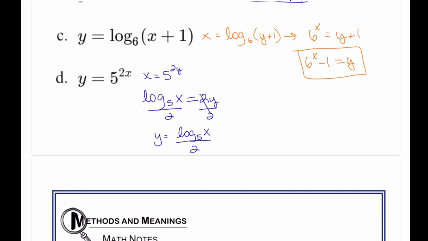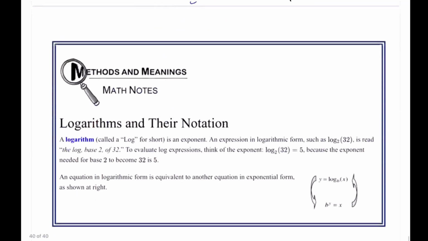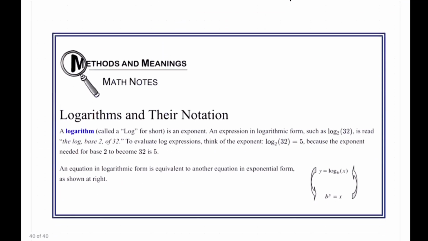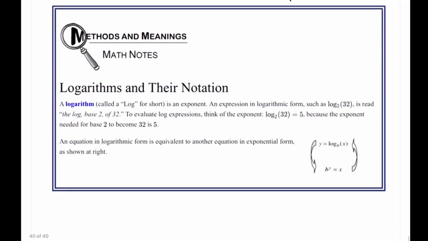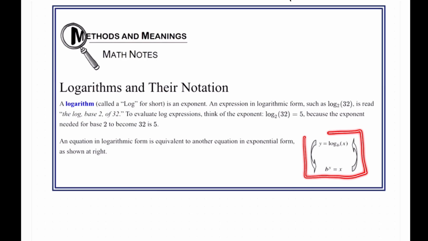So in your math notes in the book, I'll leave it up here for you as well. It has to do with the logarithm and that notation, just making sure you know how to write it. It also shows the x's and y's for going from logs to exponents and exponents to logs. It doesn't matter what letters you put into that.